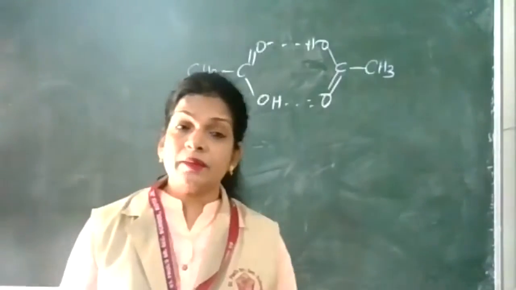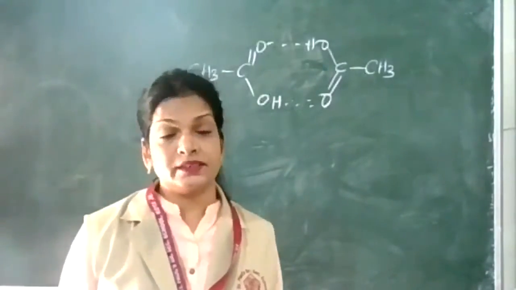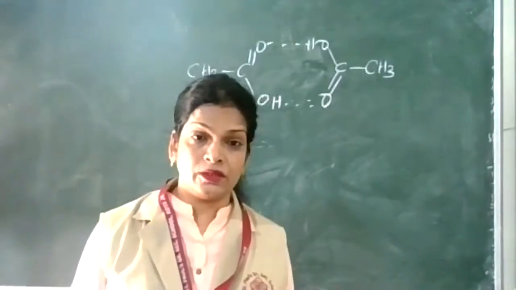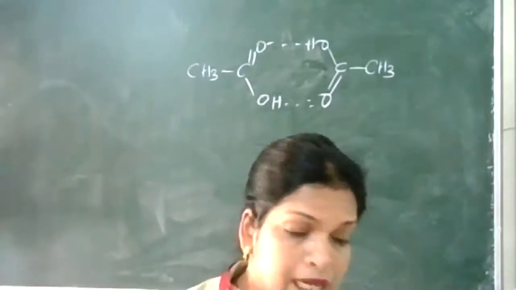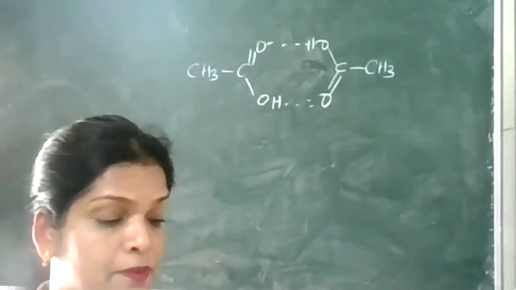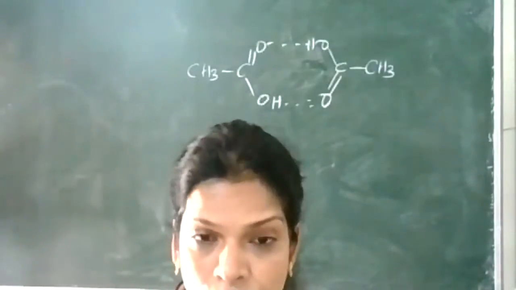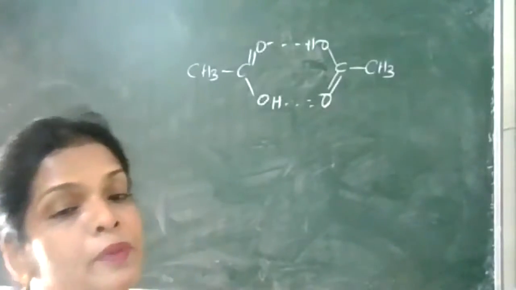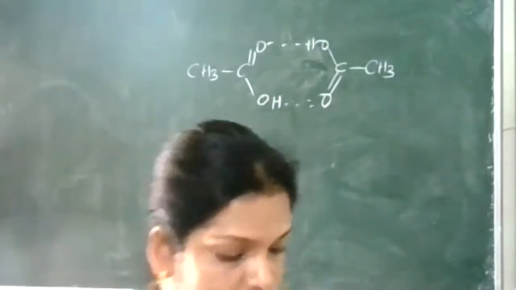With chemical properties, are they soluble in water? Carboxylic acids are soluble in water. The smaller ones, that is carboxylic acids having up to 4 carbon atoms, are miscible with water due to hydrogen bond formation. But if the hydrocarbon part increases, that means the oily part increases, the solubility decreases.